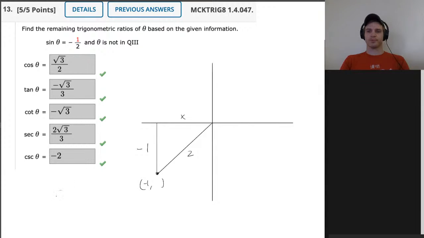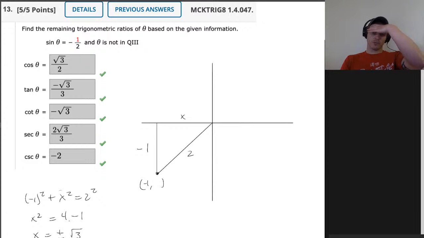Actually, let me do that out. So we'll say -1 squared plus x squared equals 2 squared. And then we can subtract. So we get 4 minus 1, and x equals plus or minus root 3. And so you can look and see, okay, this is in the 3rd quadrant, so I know I have to take the minus.